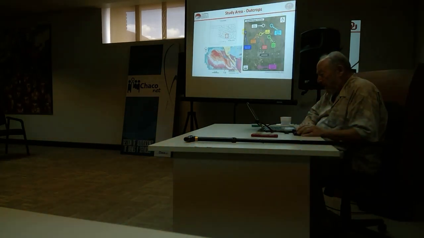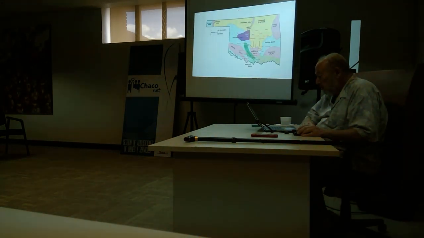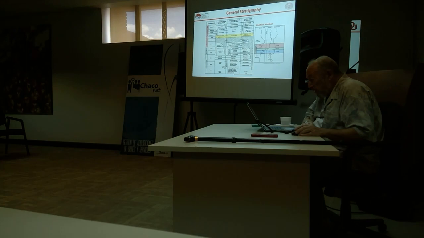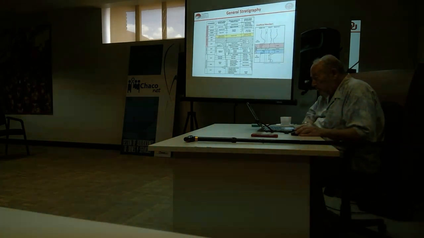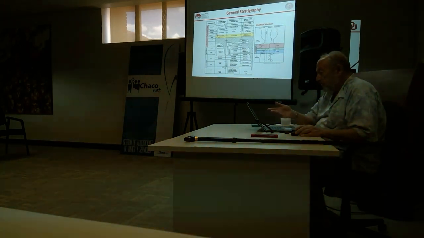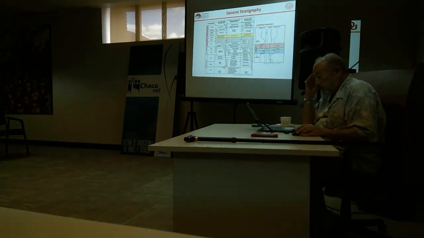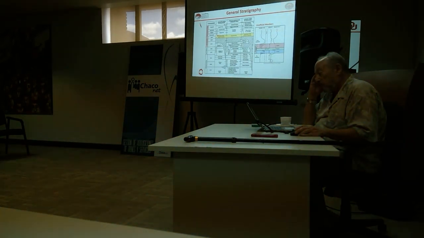Okay, so let me go back now and make a point that I made before. The area in yellow here is the Woodford Shale. If you're not familiar with what these are, these are what we call stratigraphic charts that show the rock stratigraphy, with the oldest rocks down here and the younger rocks up there.